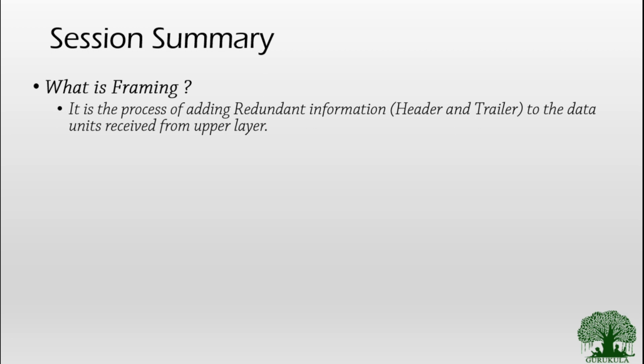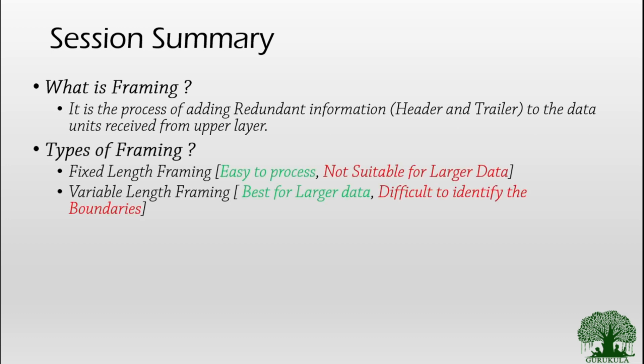Today in this session we have seen what exactly framing is. It is a process of adding redundant information such as header and trailer to the data units received from the upper layer. Then we have seen 2 types of framing. The first one is fixed length framing.